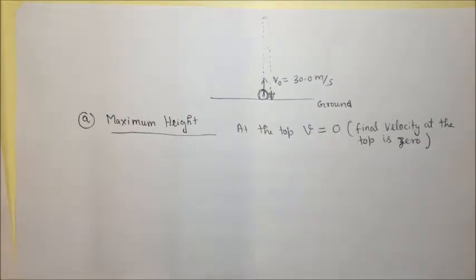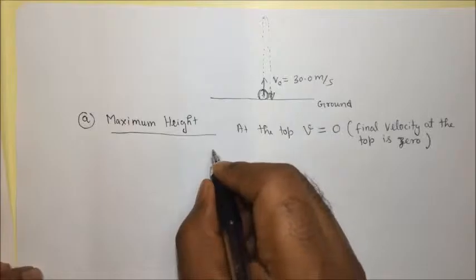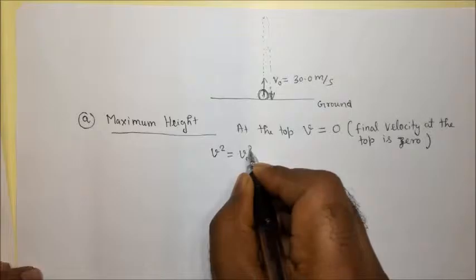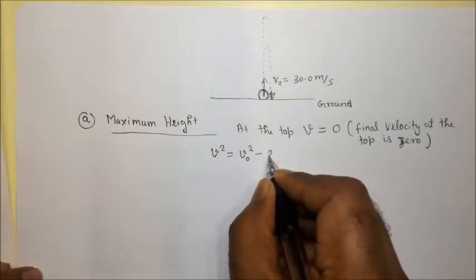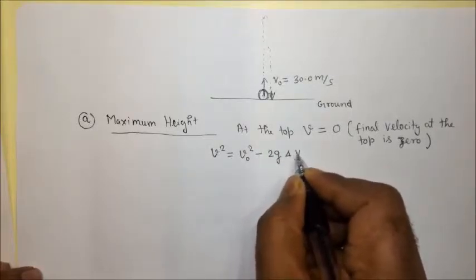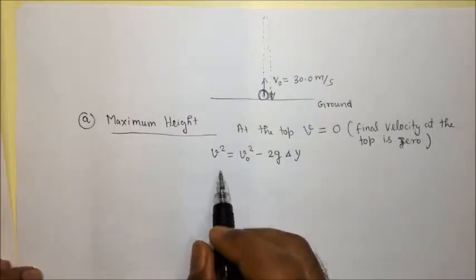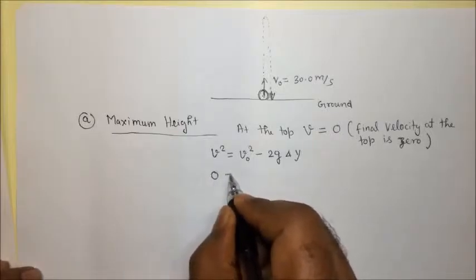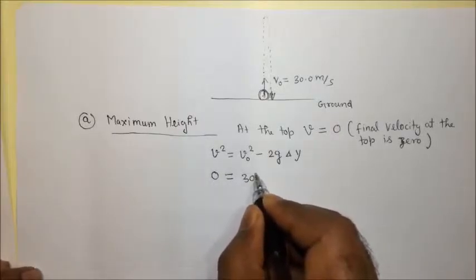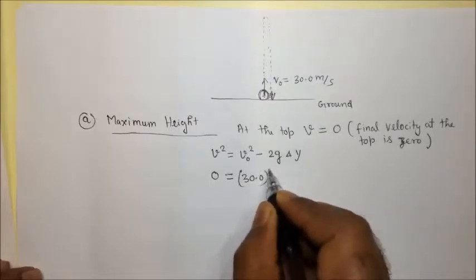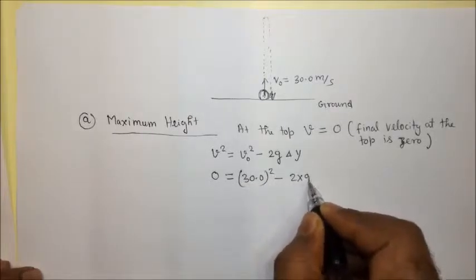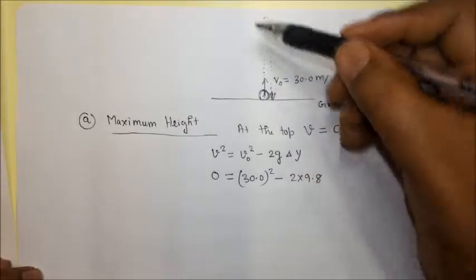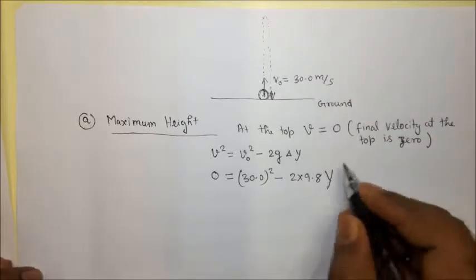So we can use V final square is equal to V initial square minus 2G delta Y. V final is going to be 0. V initial is 30.0 square minus 2 times 9.8, and delta Y from the ground to the top is Y max.